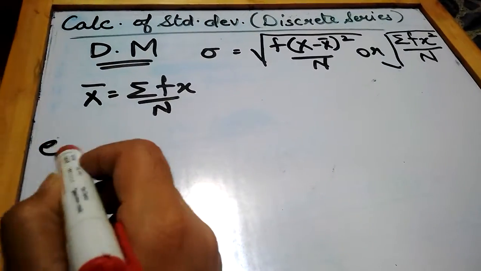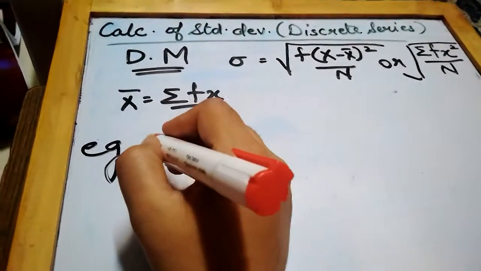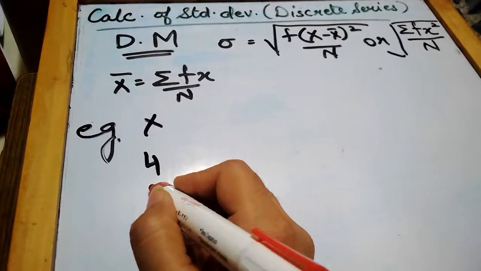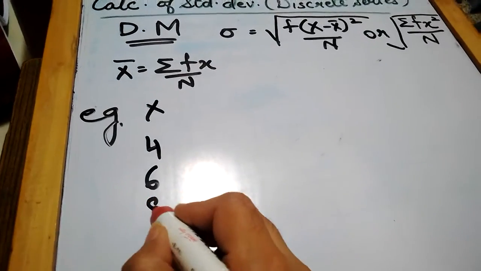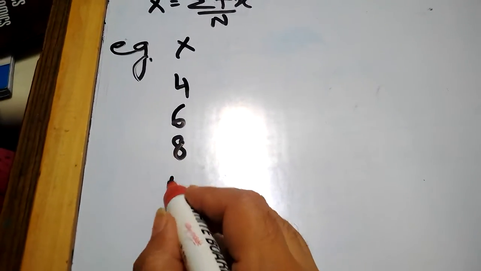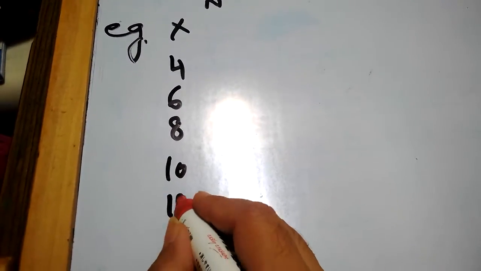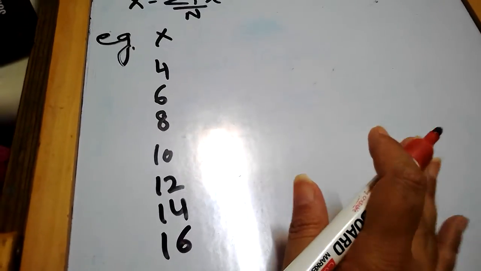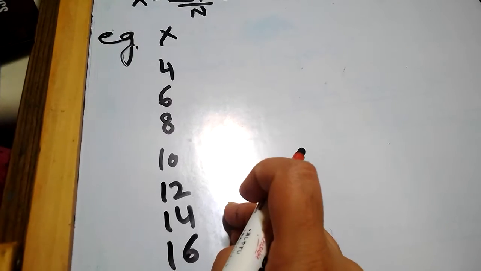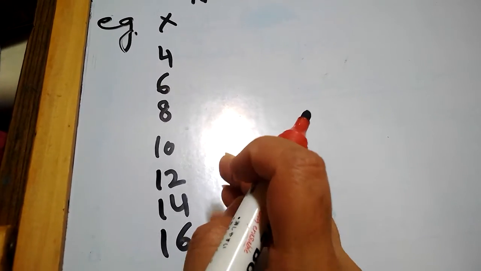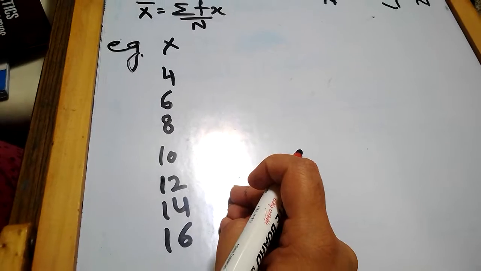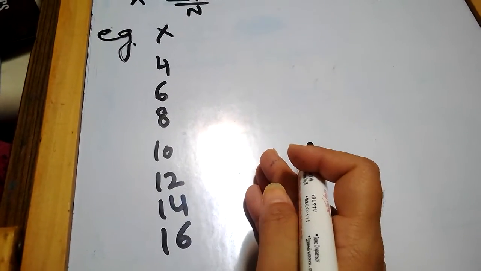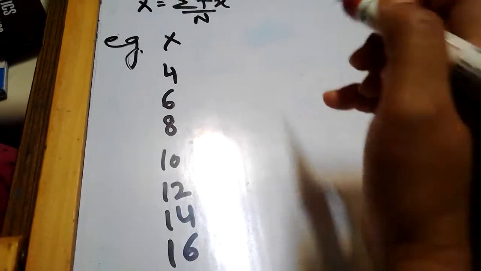Now moving forward, suppose these values are given to you. The values of x are 4, 6, 8, 10, 12, 14 and 16. As we know we are following the discrete series, so with the value of x, the frequency of these values of x will also be given.